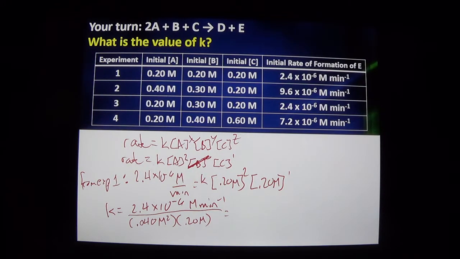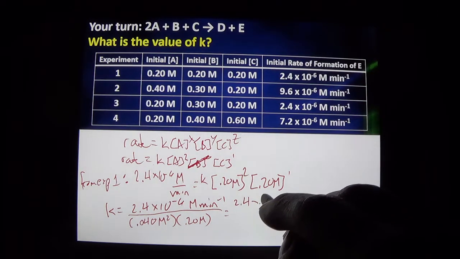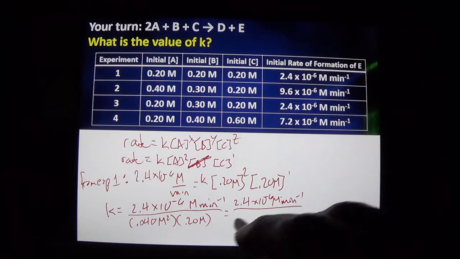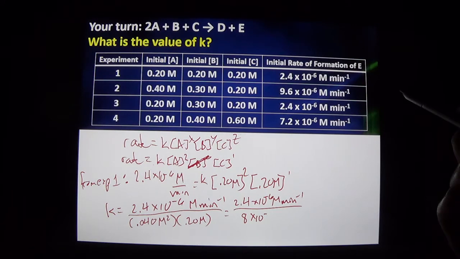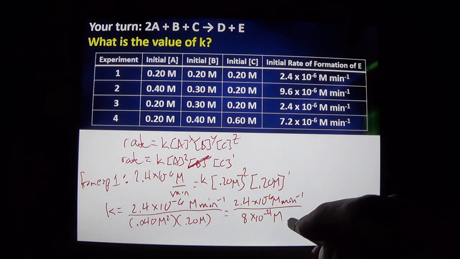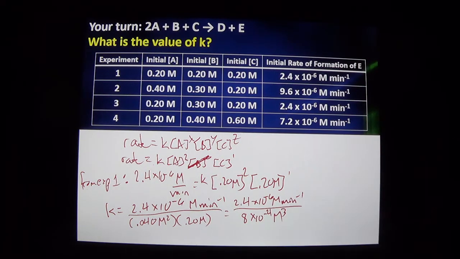On the bottom, when I have the 0.04 times 0.02, I get 2.4 times 10 to the negative 6 molarity per minute divided by 8 times 10 to the negative 4 molarity cubed. You could leave it as a decimal, that's fine too.